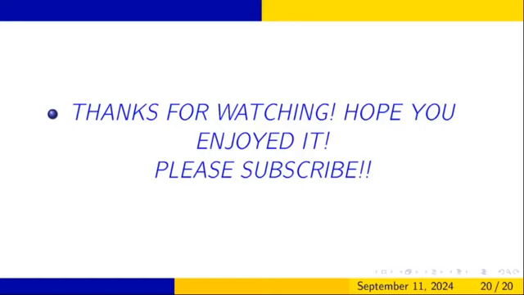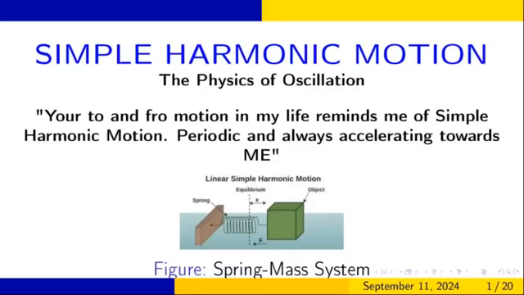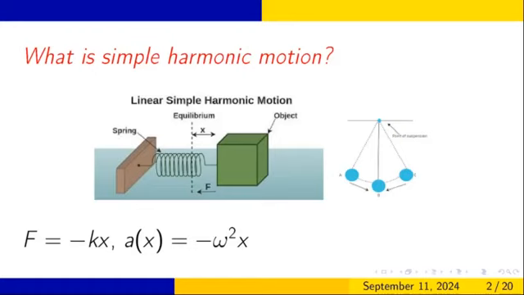And using trigonometric identity, we can rewrite our velocity in terms of the displacement as w times the square root of amplitude squared minus displacement squared, and the maximum velocity, which is a constant, will be the product of the angular frequency and the amplitude.